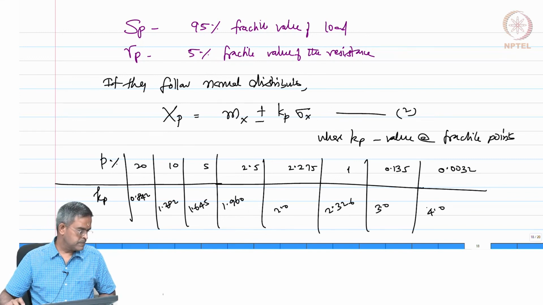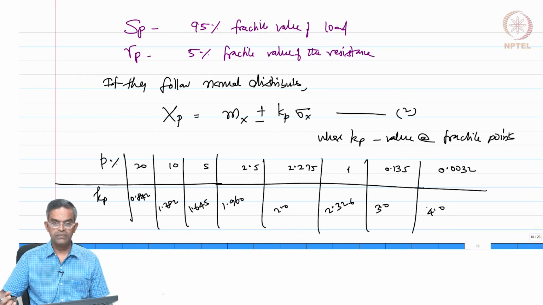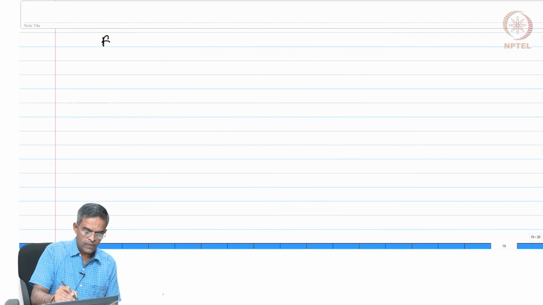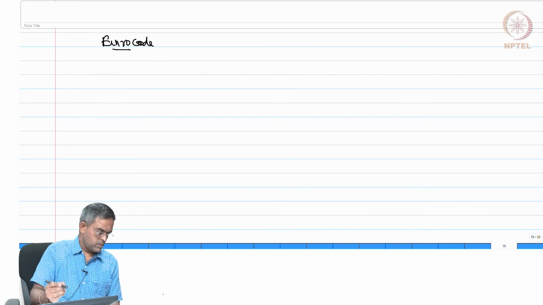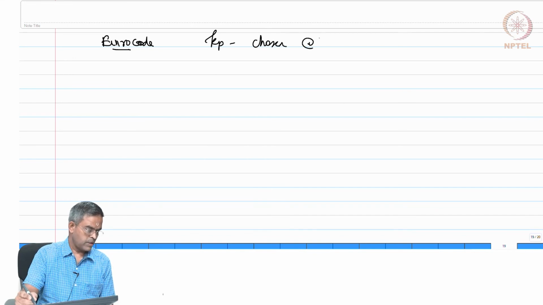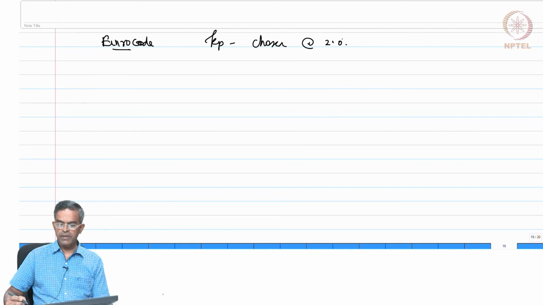Okay. Now, different codes recommend different fractile values. For example, Eurocode states Kp should be chosen corresponding to 2.0. What does it mean?